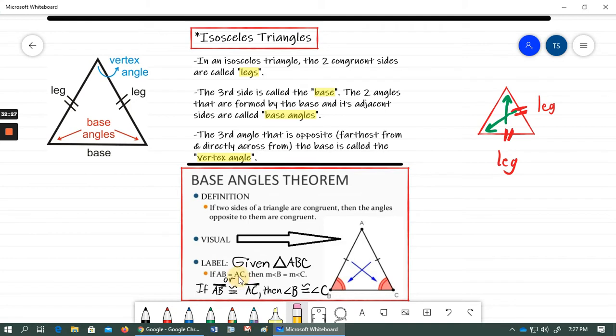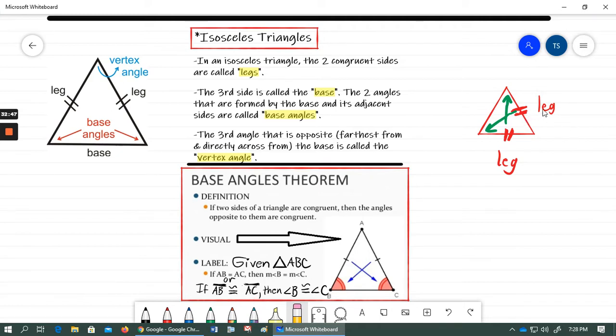So they could either write it like that, where they say if the length of side AB is equal to the length of side AC, or they could write it out using the congruency symbol and say if segment AB is congruent to segment AC.